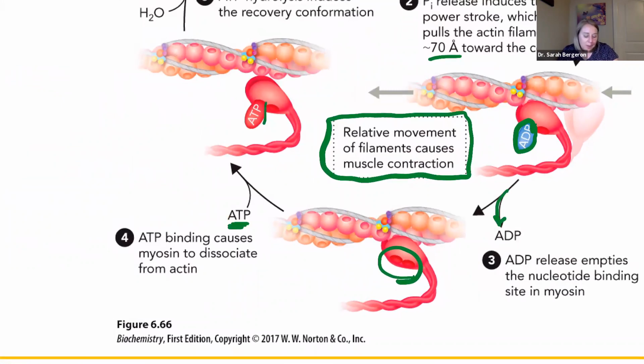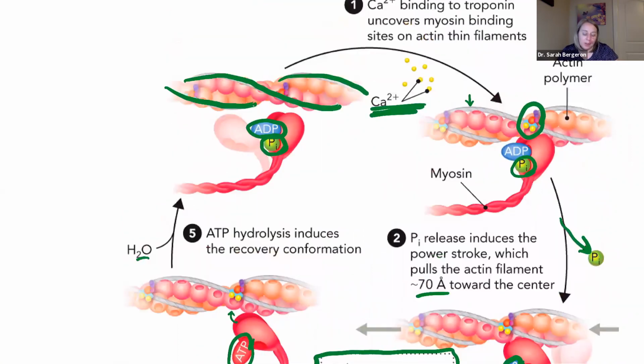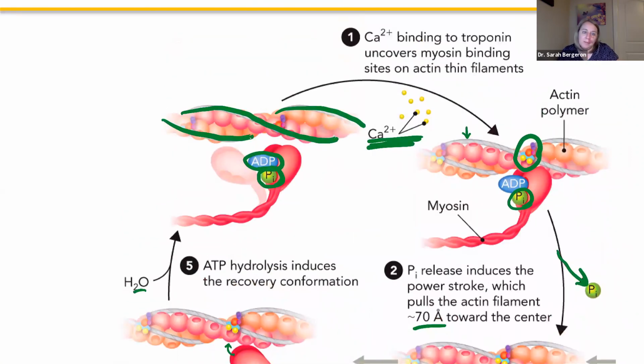When ATP binds in the pocket, that is going to induce release of the myosin from the actin filament. Once that release occurs in the presence of water, you're going to hydrolyze that ATP into ADP plus Pi. And look at this, we're back at step number 1. So this is how it'll continue contracting.